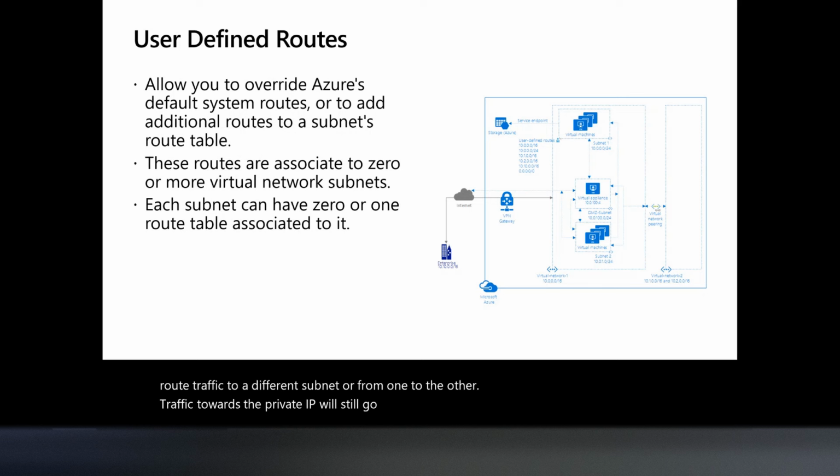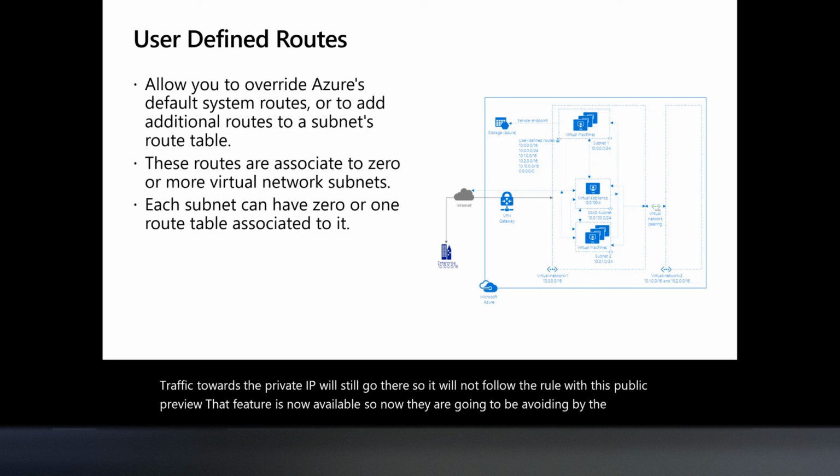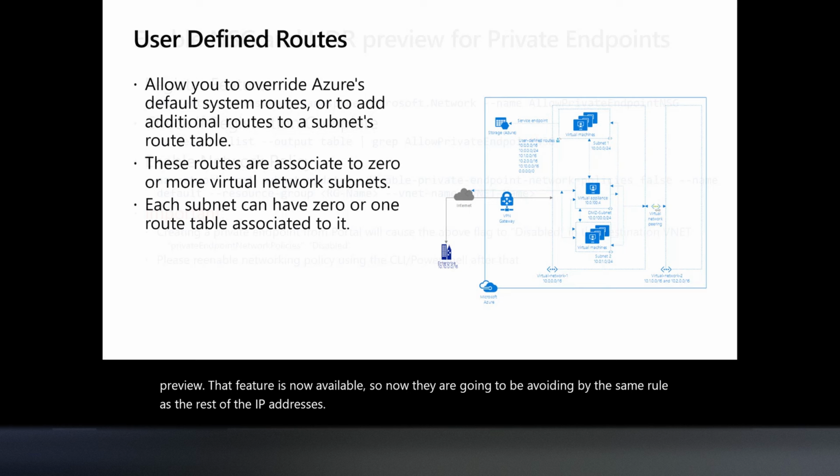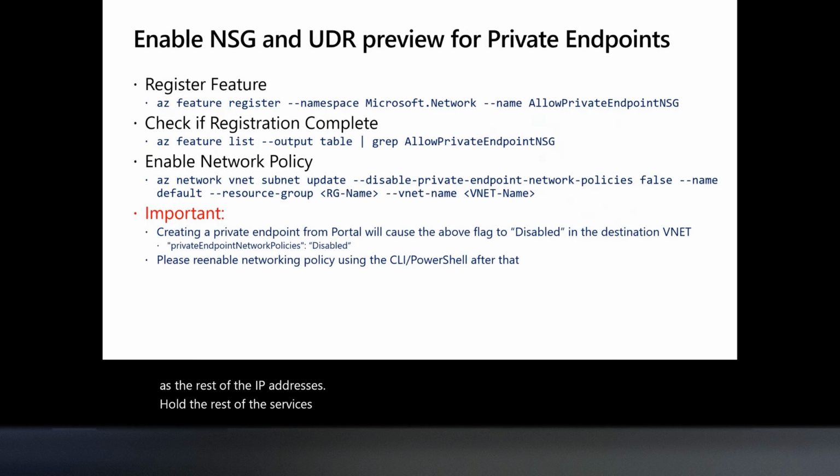It will not follow the rule. With this public preview, that feature is now available. So now they are going to be abiding by the same rule as the rest of the IP addresses, the rest of the services.